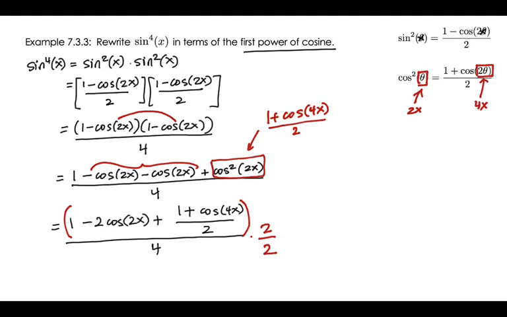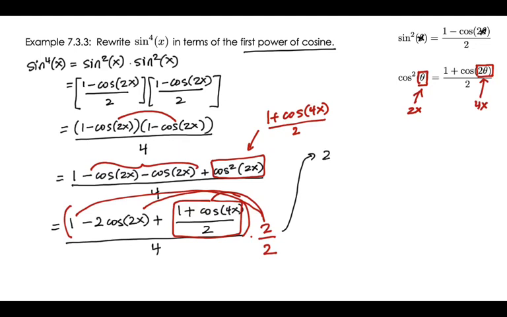Here I'm going to have to distribute this 2. I'm going to distribute to this fraction here, I'm going to distribute to the middle term, and I'm going to distribute a 2 to the front. Okay, so let's see if I can fit this over here. All right, so I'm going to distribute a 2 to the 1 up top, so it's going to give me 2.